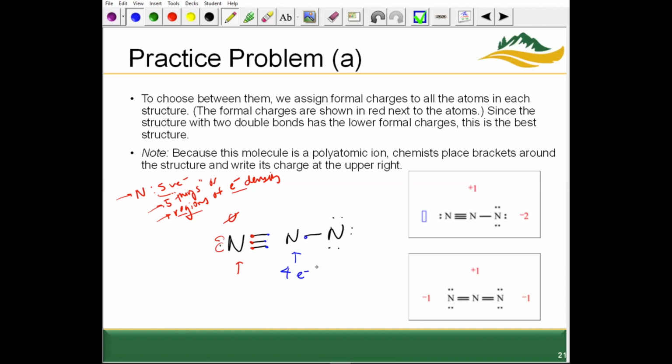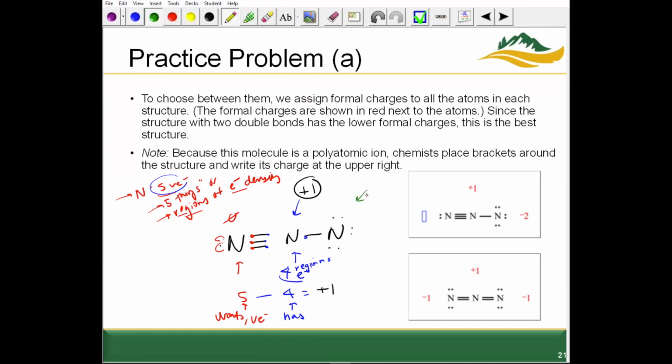It wants to have 5 regions of electron density because of its 5 valence electrons. It actually has 4 regions of electron density around it in this version of the structure. 5 minus 4 gives this nitrogen a +1 charge.